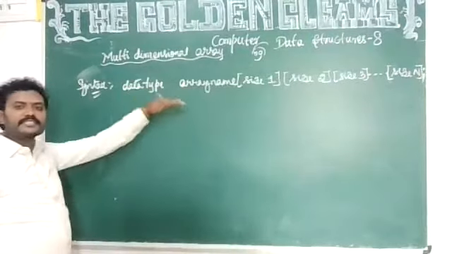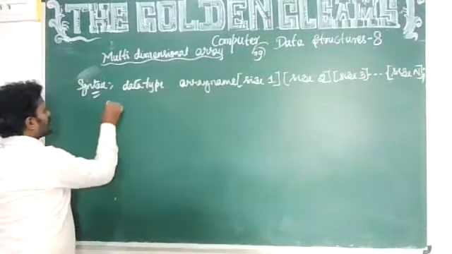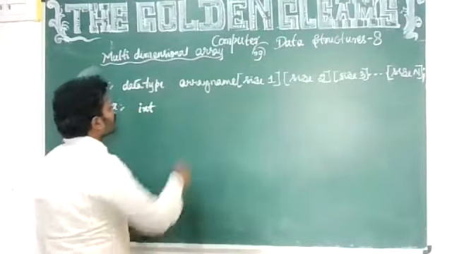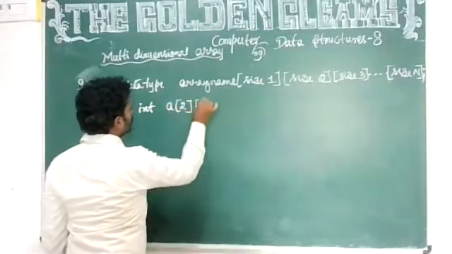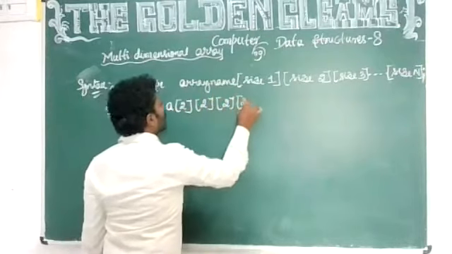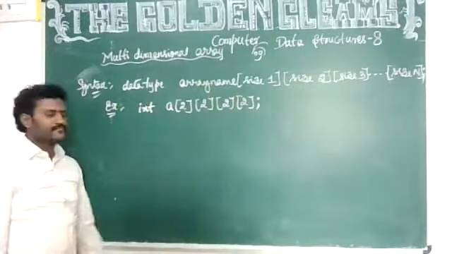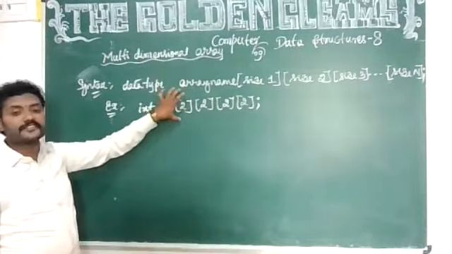This is called the syntax of multi-dimensional array. Example: int a[2][2][2][2]. Is it clear, students? So this is the syntax of multi-dimensional array, and this is the example.